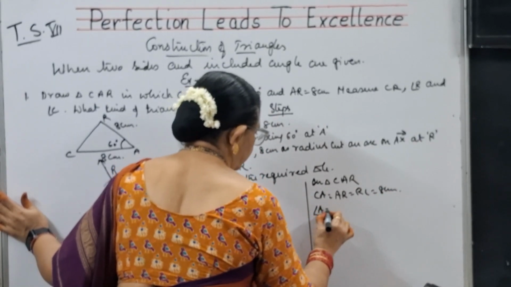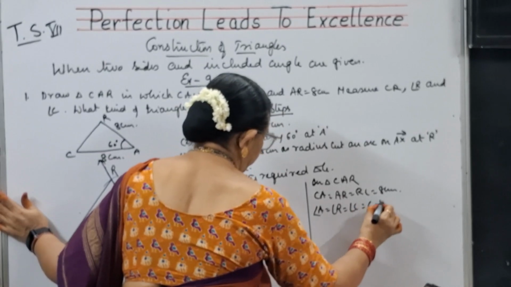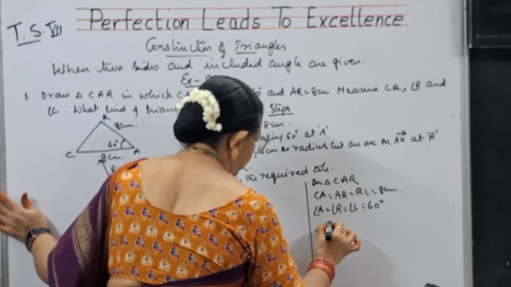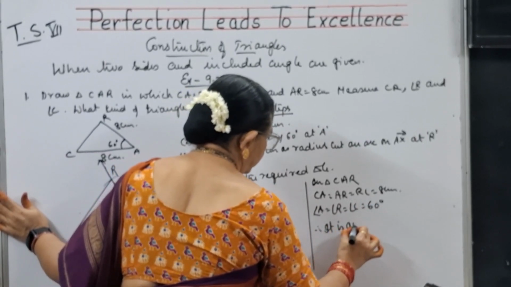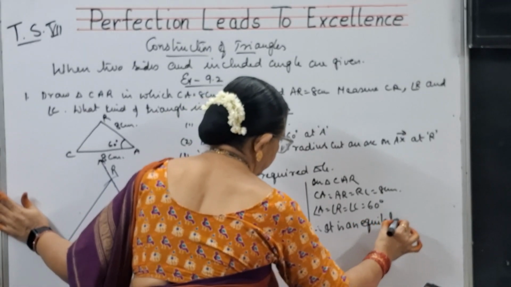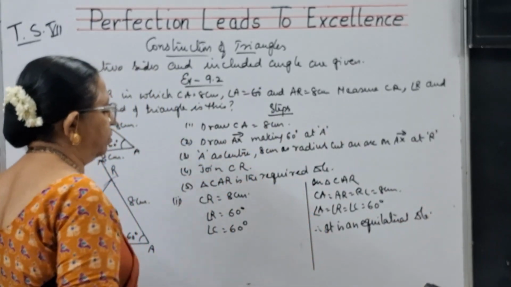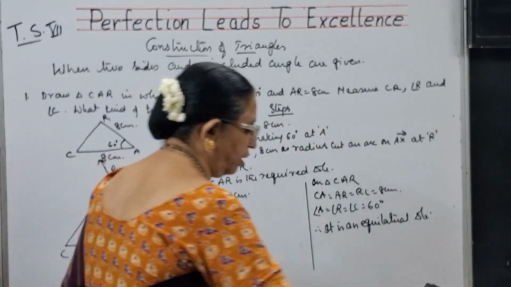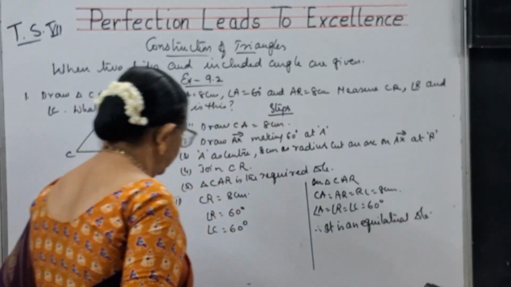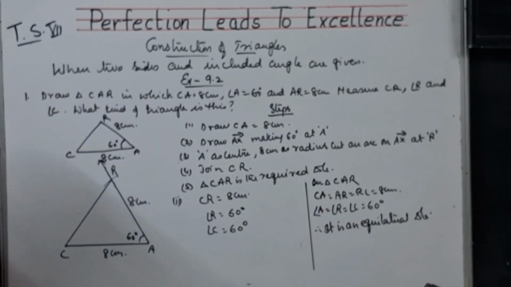Angle A is equal to angle R is equal to angle C, 60 degrees. Therefore, it is an equilateral triangle. All sides are equal, all angles are equal, means it is nothing but an equilateral triangle. Please note it down. This is the first problem.